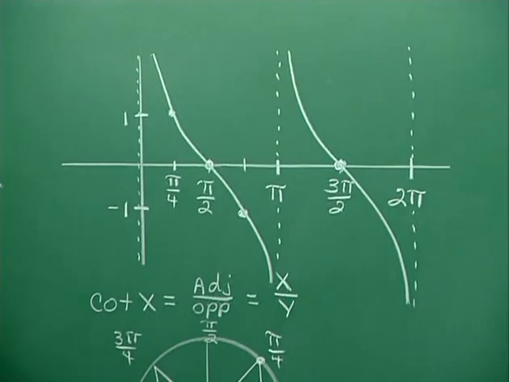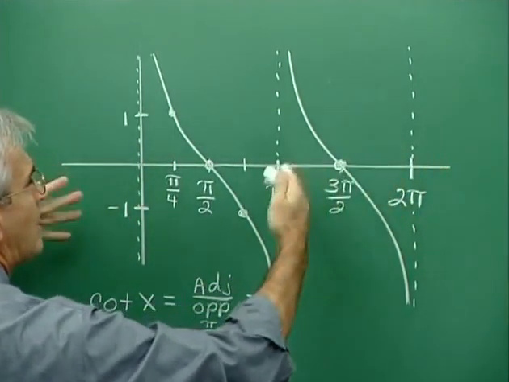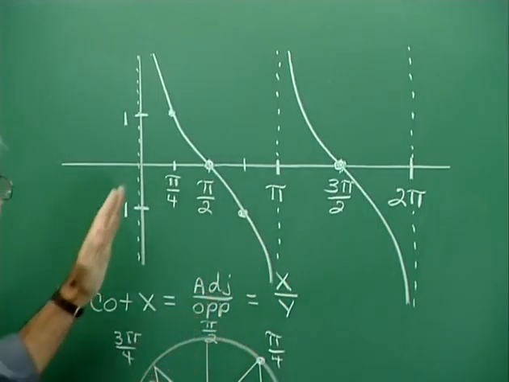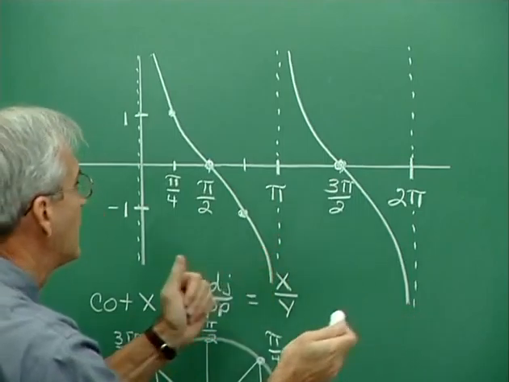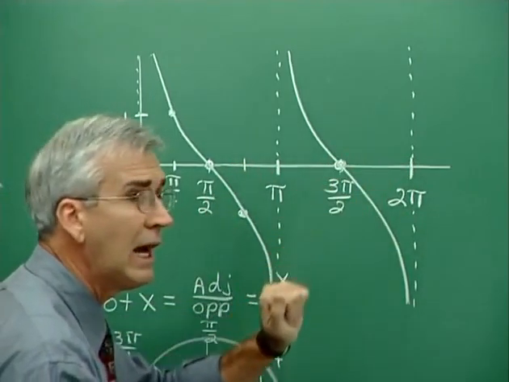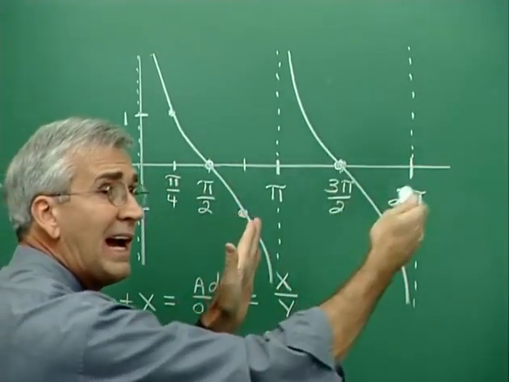With that in mind, now we can talk about domain and range and so forth. The domain, the acceptable replacements for x, would be all of the real numbers, except for those real numbers that will cause an asymptote to occur, will cause the function to be undefined. And that occurs at 0 and at pi and at 2 pi, and at the end of every pi-lengthed interval.